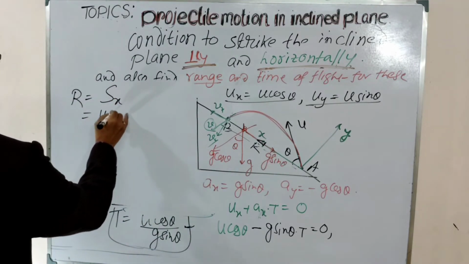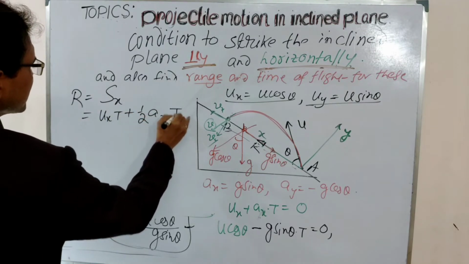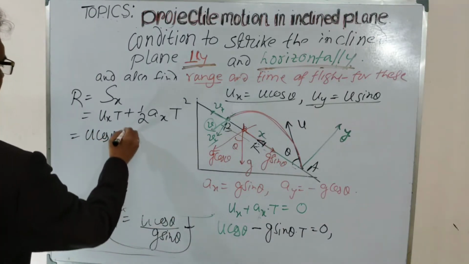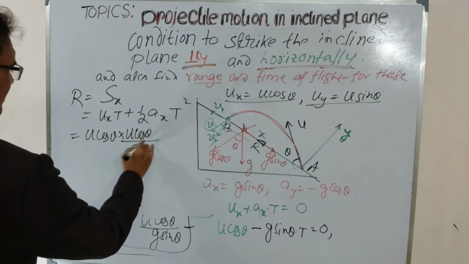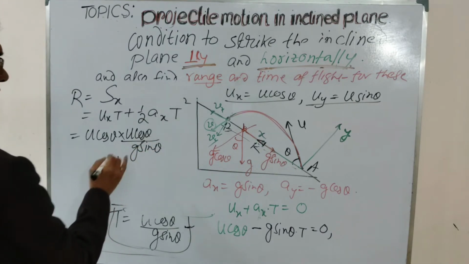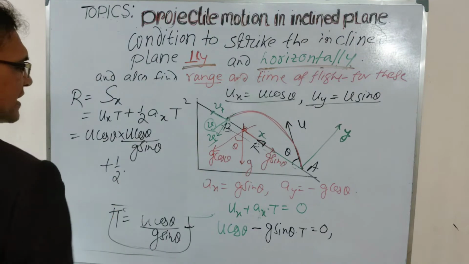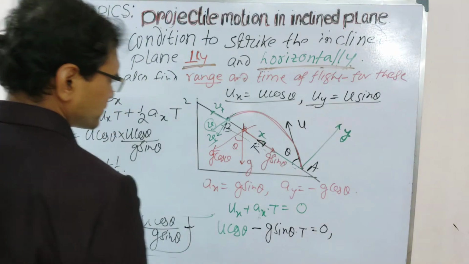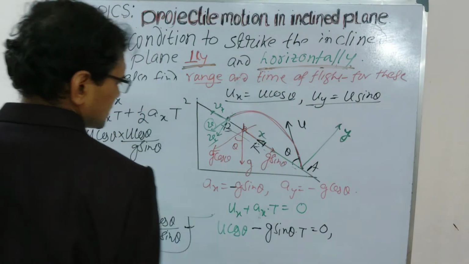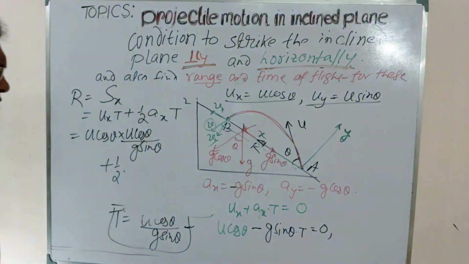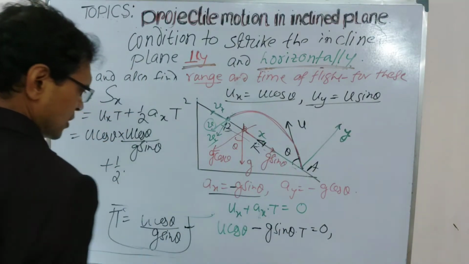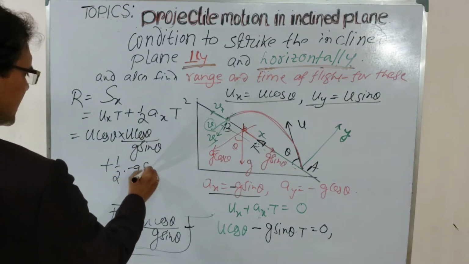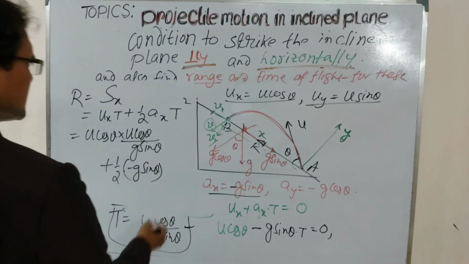So sx equals ux t plus half ax t square, where ux is u cos theta. We take the x axis along the plane, but the acceleration is directed opposite, so ax equals minus g sin theta, and ay is also minus g cos theta. So ax equals minus g sin theta, into t square, and t is this.